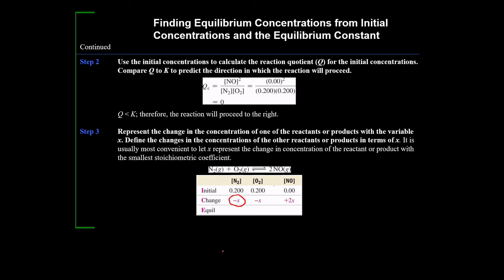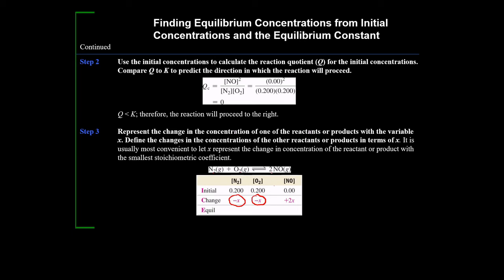We have no idea what x is, but that's okay. We don't need to know at this point. We know that O2 is going to decrease by the exact same amount. Again, that's stoichiometry. This is a 1-to-1 ratio. For every 1 N2, we use up 1 O2. In addition to that, we know that NO is going to be increasing by 2 times the amount that these are disappearing.